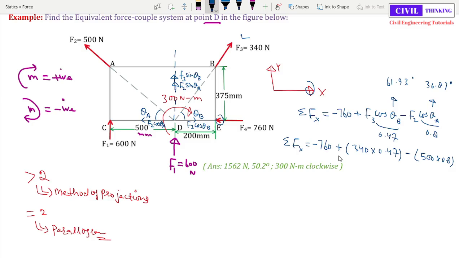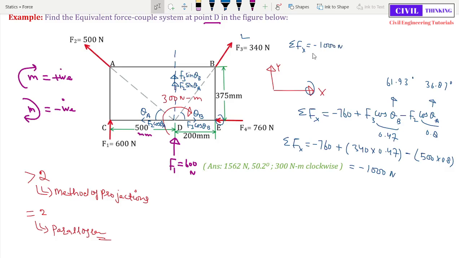Minus 760 plus 340 multiplied by 0.47 minus 500 multiplied by 0.8. All right, I get summation of Fx to be approximately negative 1000, of course it is Newton. So I got the value of summation of Fx to be negative 1000 Newton.